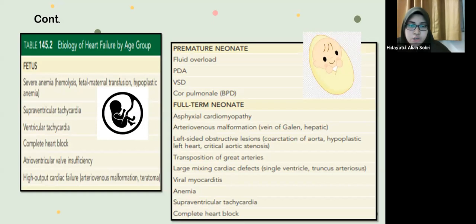And the full-term neonate usually presents with left-sided obstructive lesions, such as coarctation of the aorta, hypoplastic left heart, critical aortic stenosis, and other examples such as asphyxial cardiomyopathy, AV malformation, TGA, viral myocarditis, anemia, supraventricular tachycardia.